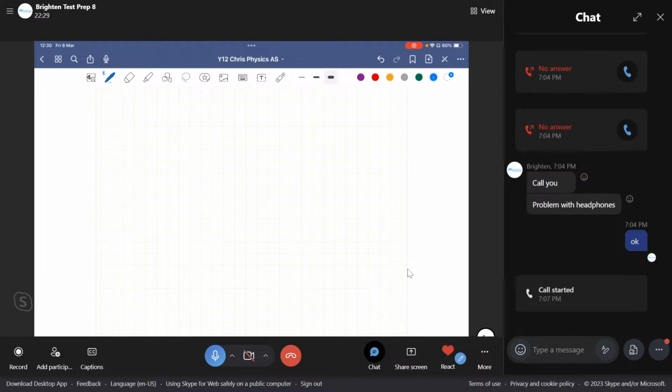Question 5. This is an interesting one. We have a signal with a constant frequency from a signal generator, because we are doing experiments.